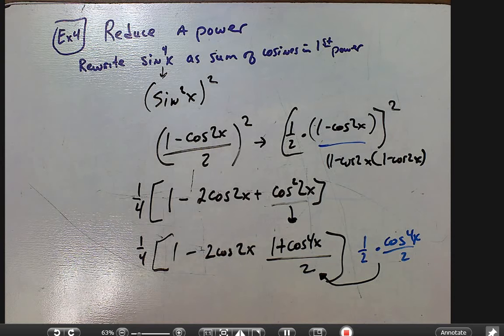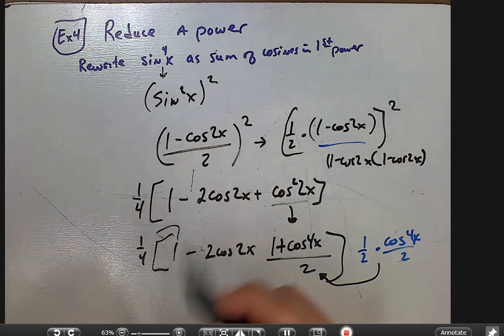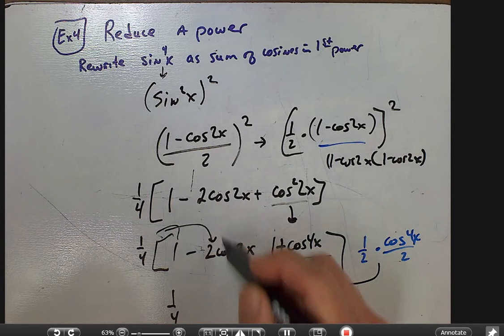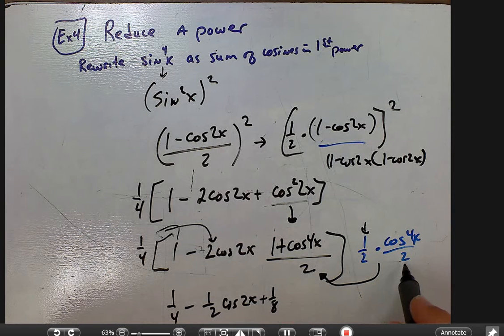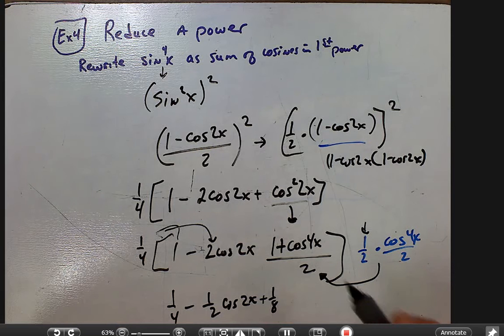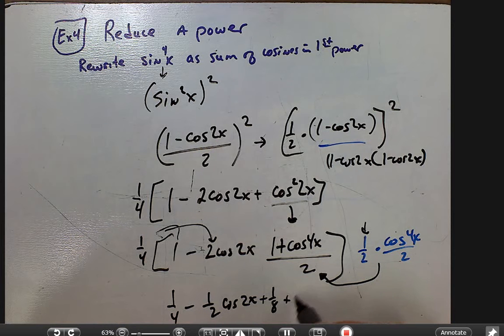If I do the distributive property, 1/4 times 1 is 1/4. 1/4 times this is minus 1/2 cosine 2x. 1/4 times the half is 1/8. 1/4 times cosine 4x over 2 is plus cosine of 4x over 8.